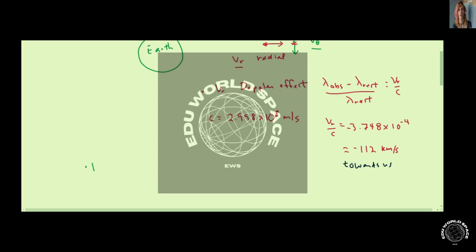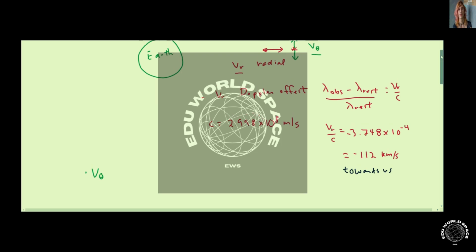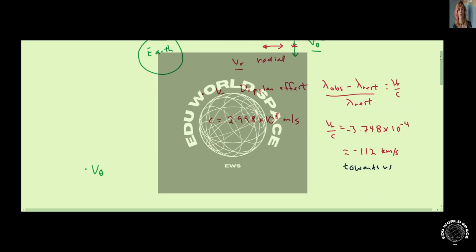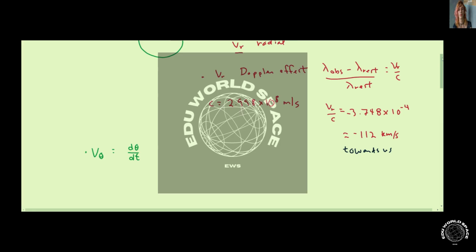For the transverse motion, we're going to think about the translation of that motion into an angular arc that it's moving through in a certain amount of time. To convert that into a linear velocity, we need to multiply by the distance. The idea is that we've measured a little bit of arc length that the star has moved through.